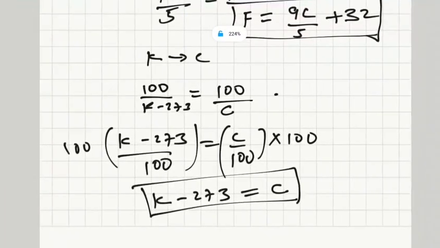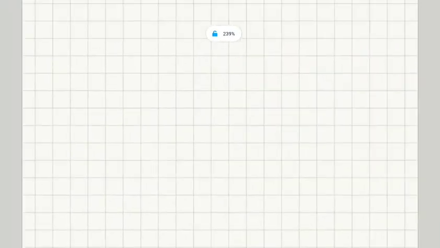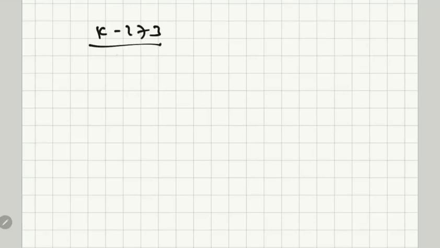Now to get the relationship between Kelvin and Fahrenheit, there is a very simple relationship. We know this: Kelvin minus 273 over number of divisions 100 is equal to Fahrenheit reading minus 32 over number of divisions in Fahrenheit 180.